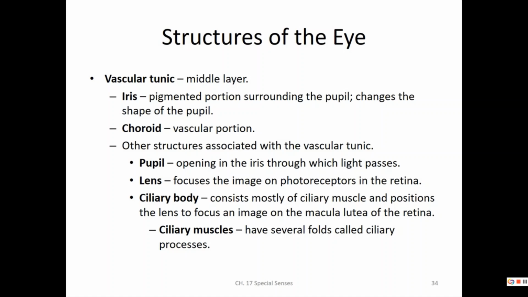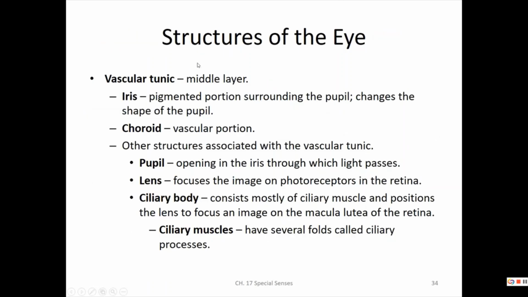In the macula lutea, we have a bunch of cone cells, which is the point where my vision is the best, the closer to the center of the macula lutea I get. Ciliary muscles fold up, causing ciliary processes, and the ciliary body, we mentioned in lecture, does one other thing: it produces the aqueous humor.